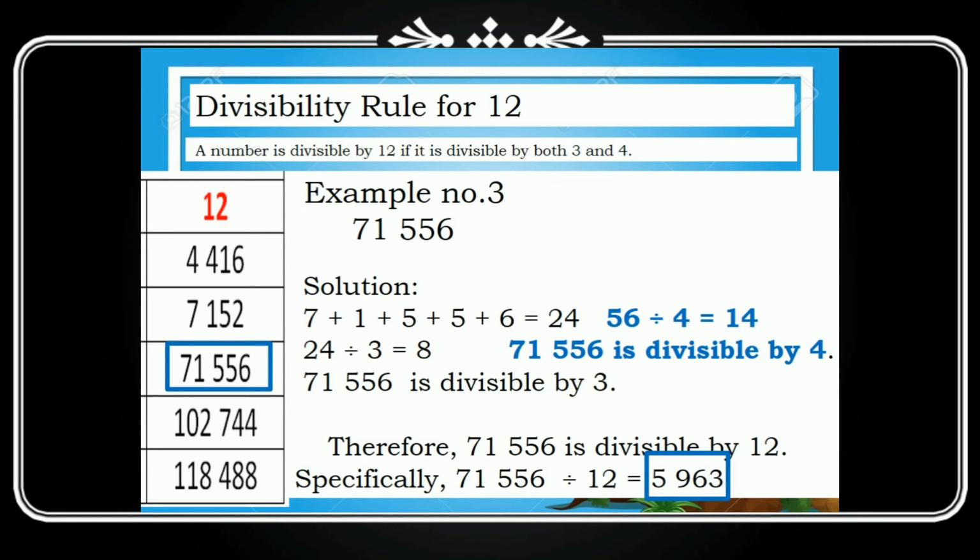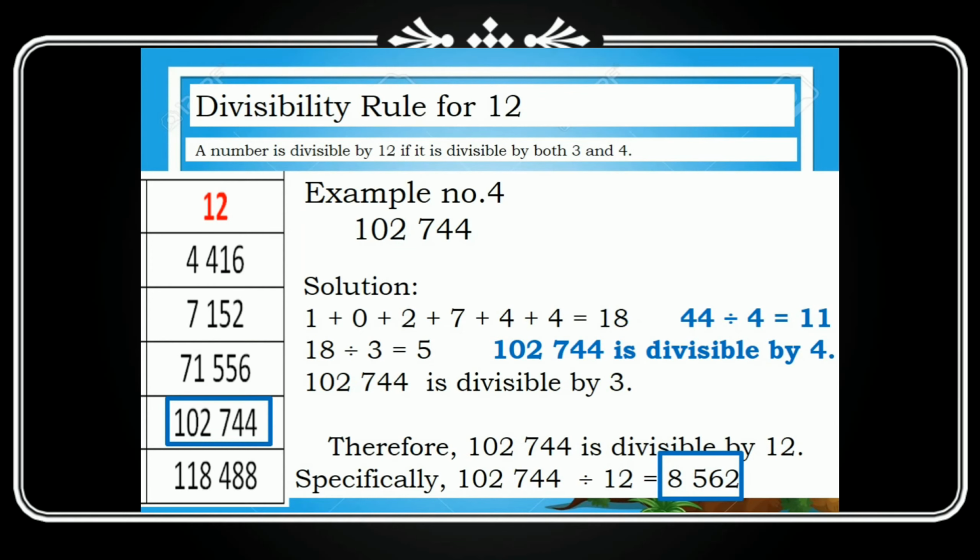Example number 4 is 102,744. 1 plus 0 plus 2 plus 7 plus 4 plus 4 is equal to 18. 18 divided by 3 is equal to 6. 102,744 is divisible by 3.